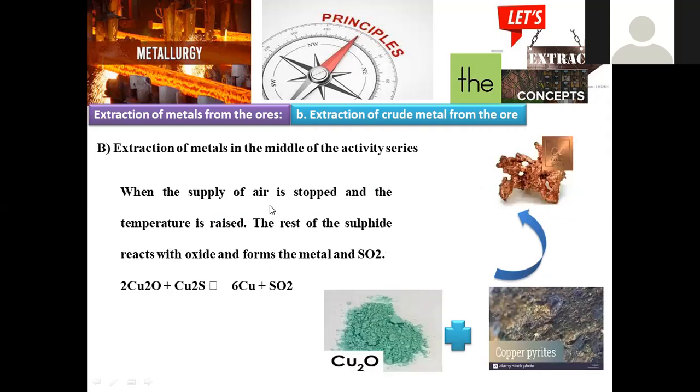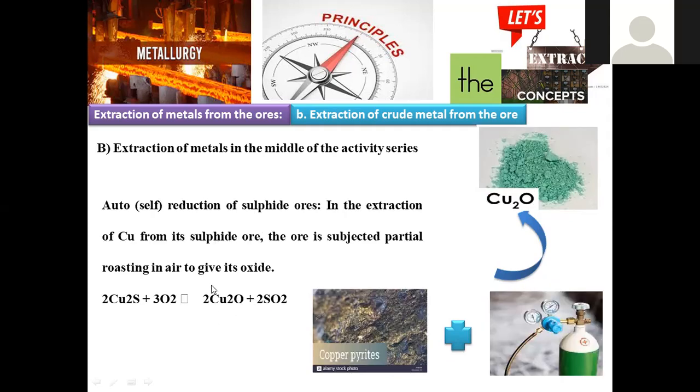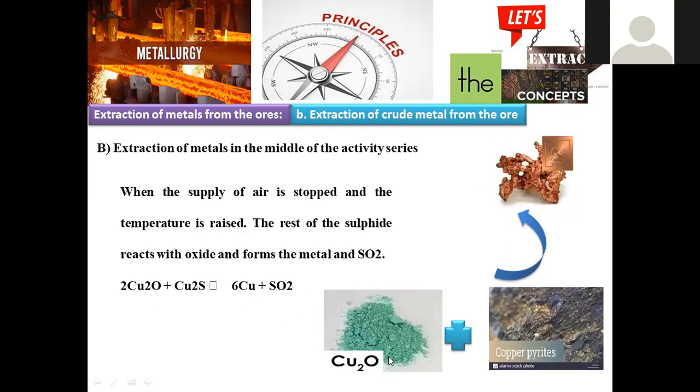And in this reaction, when we supply the air, copper oxide is formed, but it is not the pure one. That means this is not the pure metal. So we need to continue the reaction until copper metal is obtained. That's the reason why the generated copper oxide is again treated with copper pyrites. That means copper sulfide will be added. Copper oxide is now treated with copper pyrites, copper sulfide, so that both get mixed.